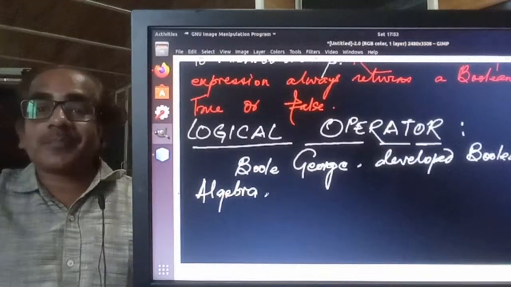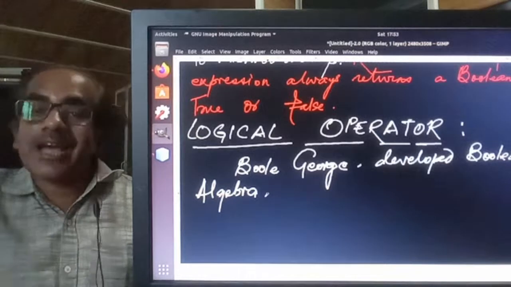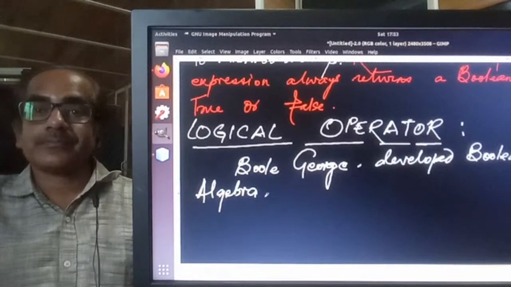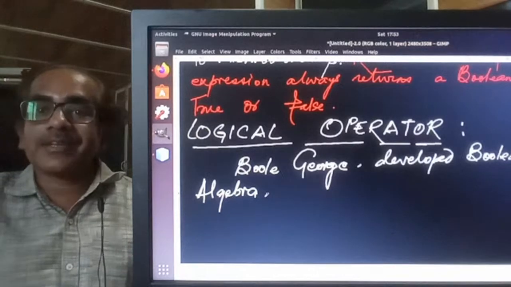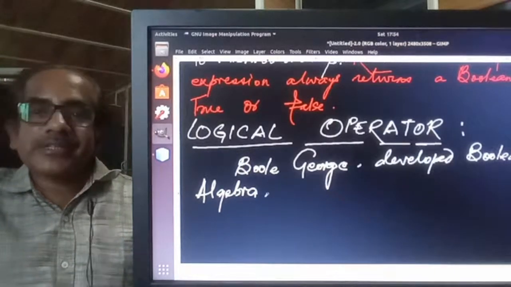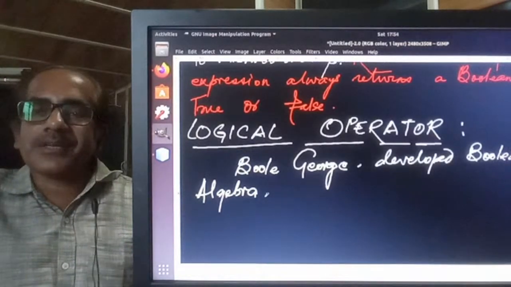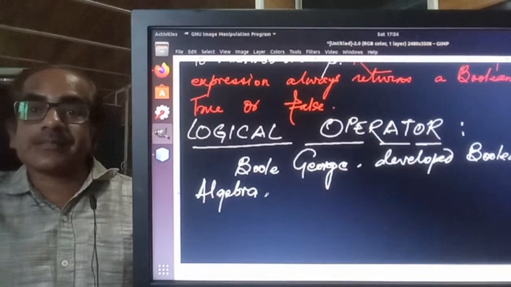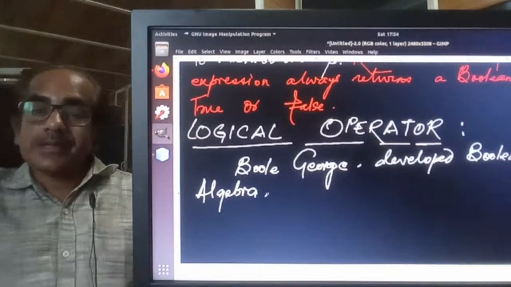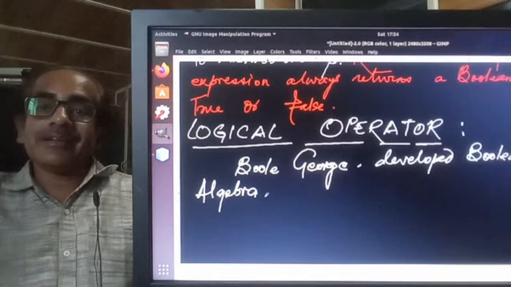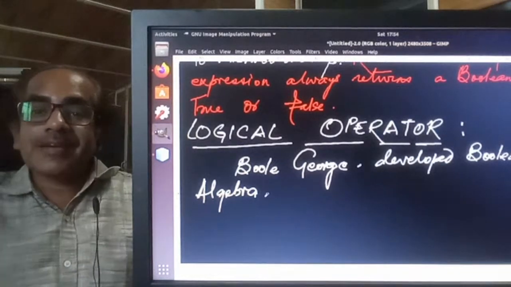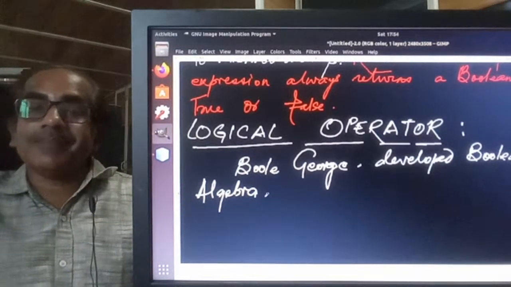In algebra you work with alphabets; numbers are not directly used, rather representatives of numbers are used, called variables.